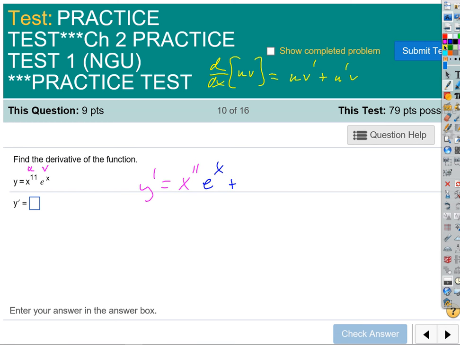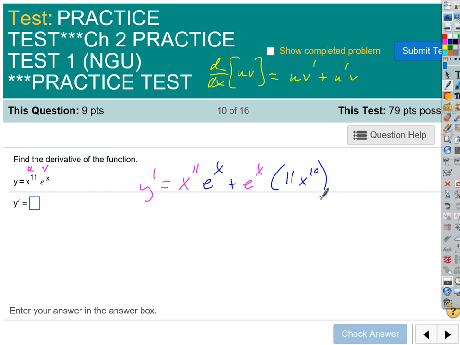Plus e to the x times the derivative of x to the 11th. What's that? I heard it, 11x to the 10th. And then we can just put the 11 out in front. That's fine. You don't have to do anything fancy. You don't have to factor it. I'm fine with it just like that.